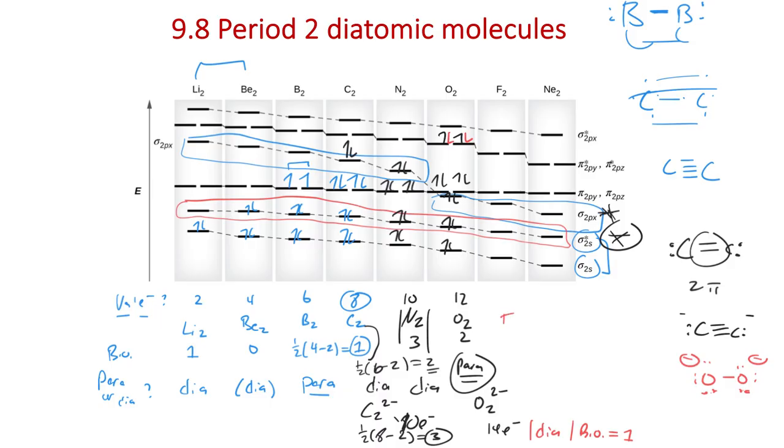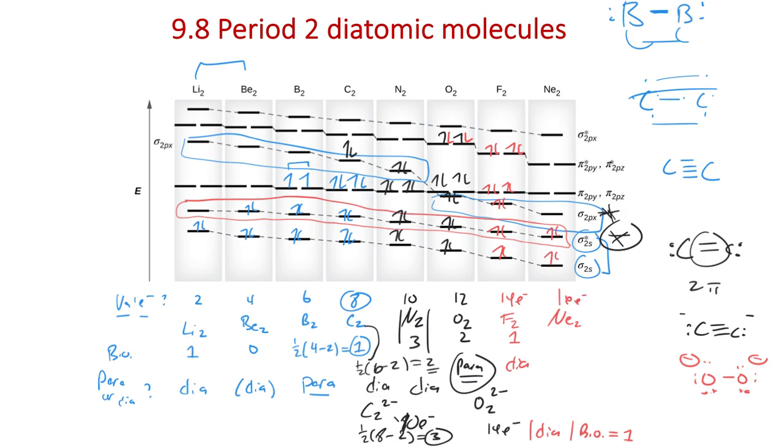F2 looks very much the same. F2, 14 electrons, just like O2²⁻, so the same basic diagram for a single bond. Diamagnetic in terms of its magnetic behavior. And then Ne2, back to something that shouldn't exist. So Ne2, if it were to exist, would have 16 electrons.